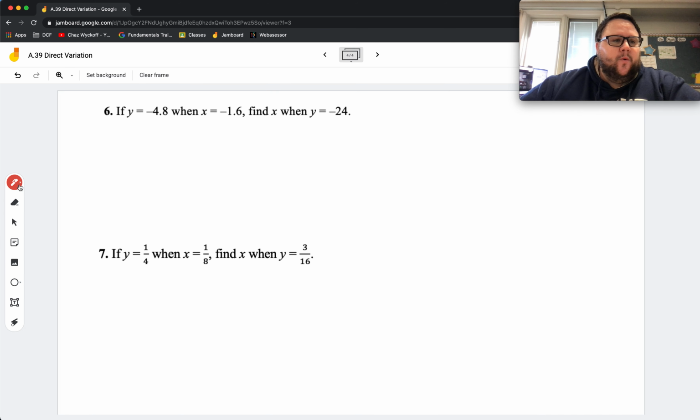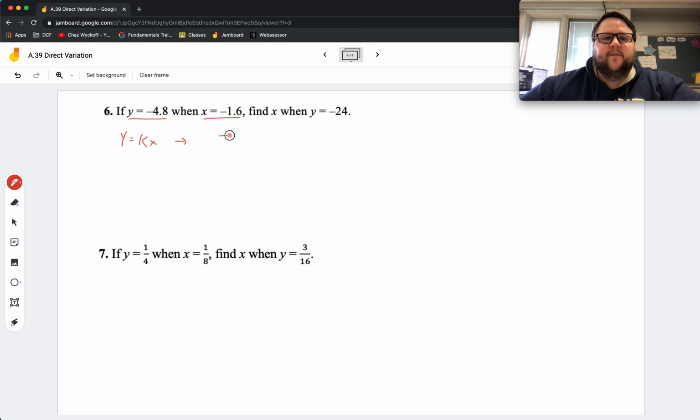The first thing we want to do is write our direct variation equation, y equals kx. They tell us y is negative 4.8 when x is negative 1.6. So I'm going to plug in those values.